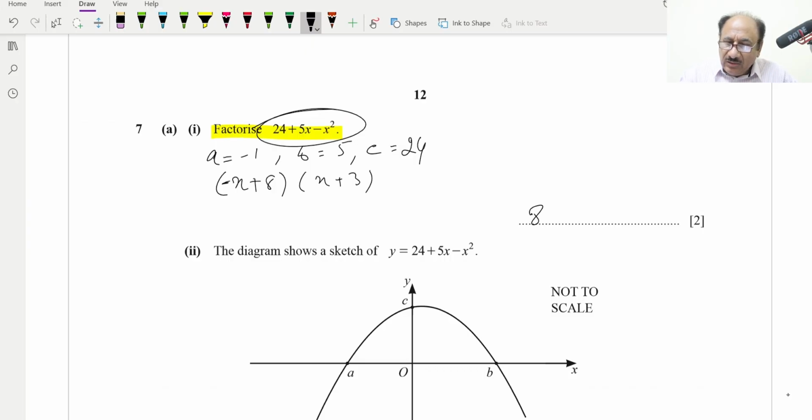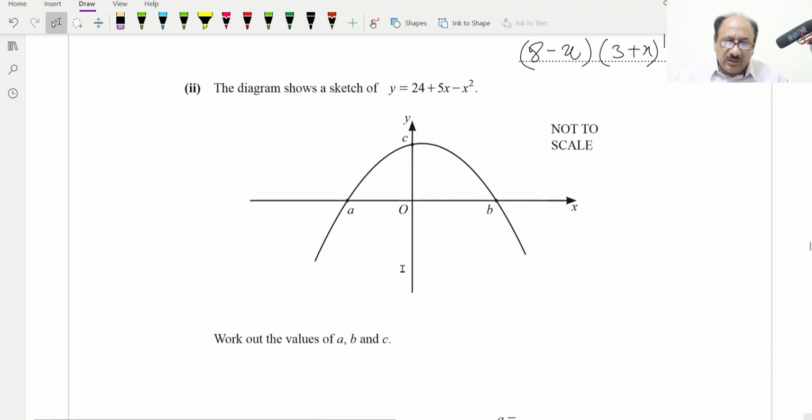So we can rewrite it as 8 minus x and 3 plus x, or x plus 3, same thing.